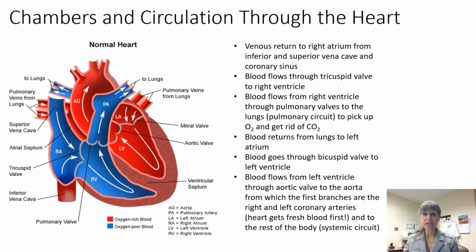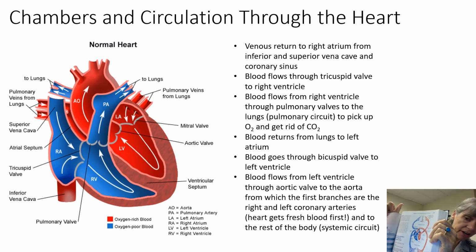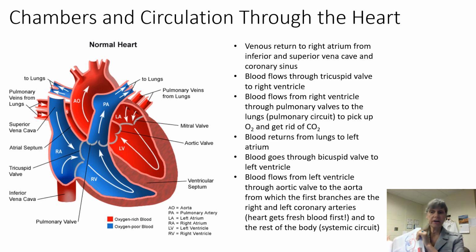Before we get into the chambers and circulation through the heart, I just wanted to remind you and point something out, that whenever we see blood vessels that are shown in red, that usually indicates that they are carrying fresh oxygenated blood, and blood vessels that are marked in blue are usually carrying oxygen-poor blood.